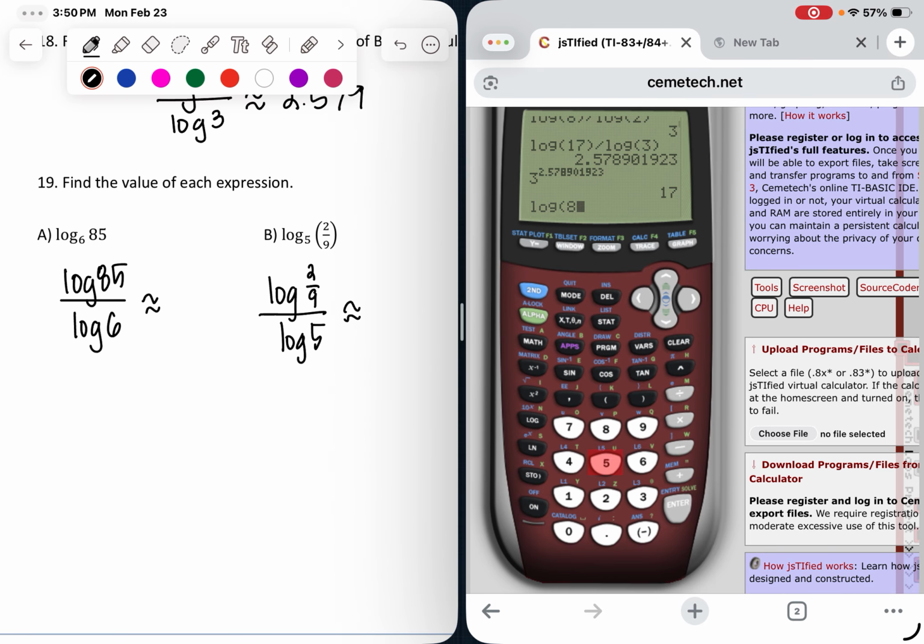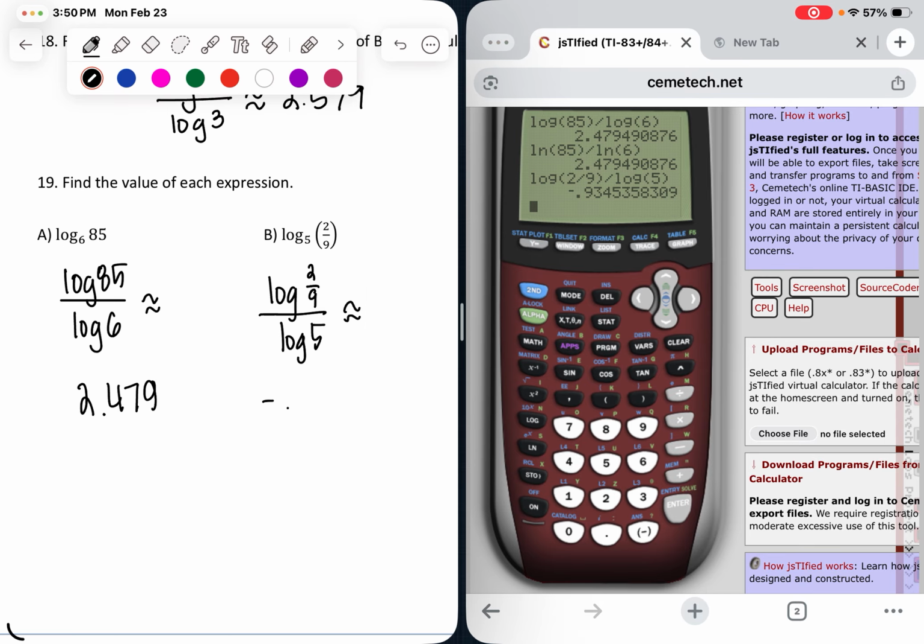Common log of 85 divided by common log of 6, 2.479, and watch, natural log of 85 divided by natural log of 6. Same answer, 2.479. Log of 2/9 divided by log 5, negative 0.935.